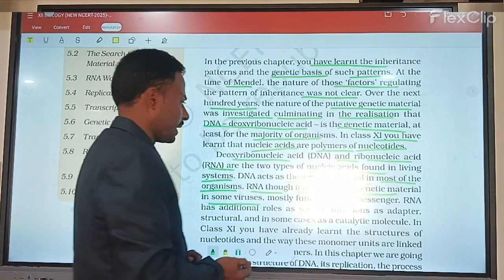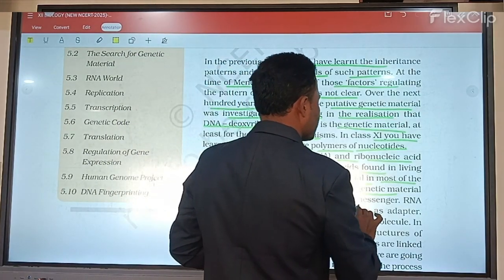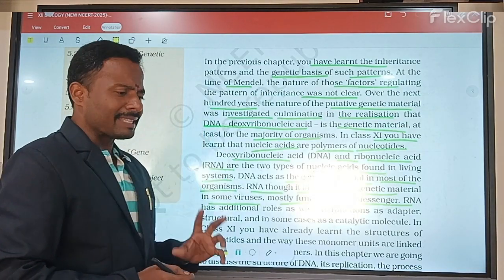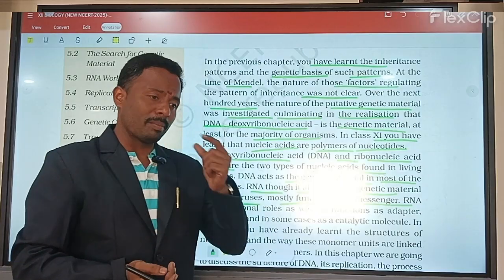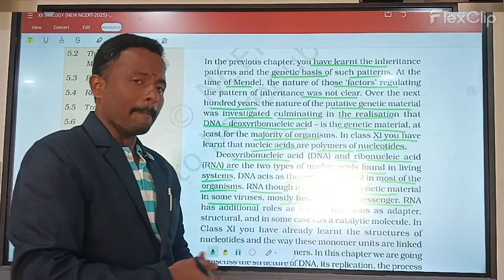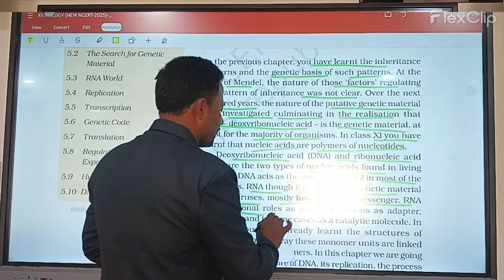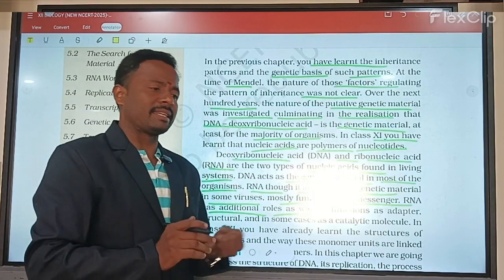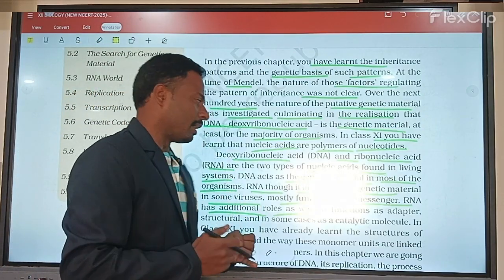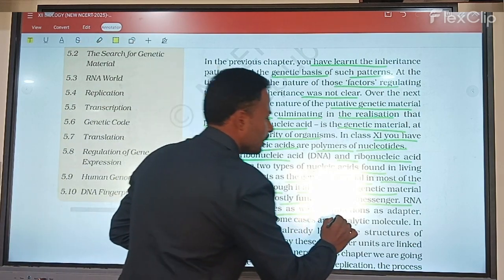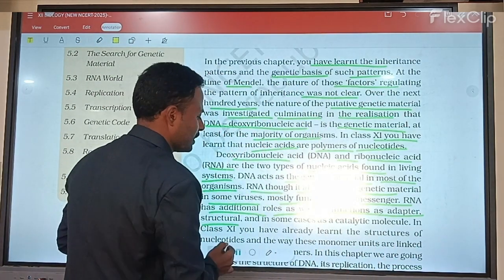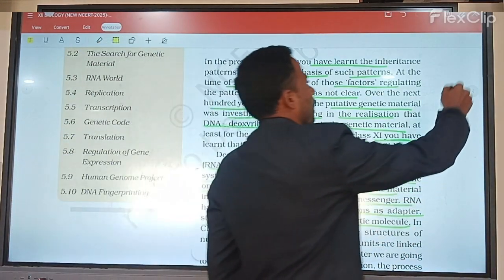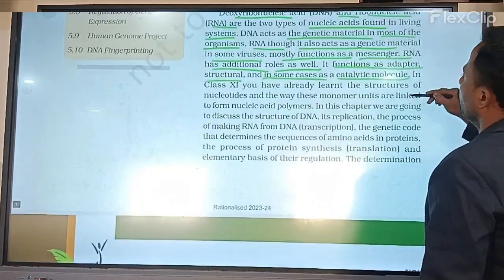RNA also functions as mRNA, a messenger molecule that passes the message from DNA. Additionally, RNA participates in different functions: as an adapter molecule, as a messenger molecule, as a structural molecule, and in some cases RNA also acts as a catalytic molecule.